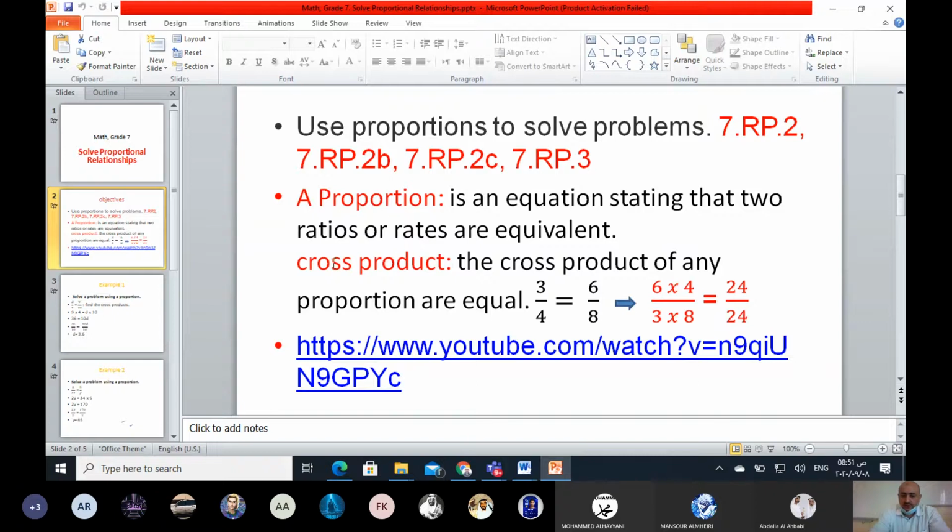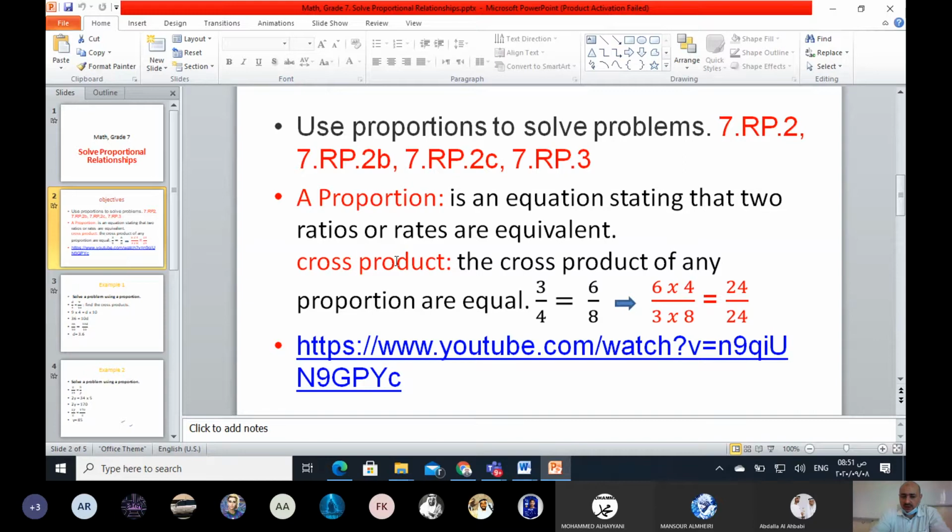And today we have a new idea, cross product or cross multiplication. What's the meaning of cross product? The cross products of any proportion are equal. For example, we have a proportion here. A proportion means equality between two ratios. We have 3/4 equal to 6/8.